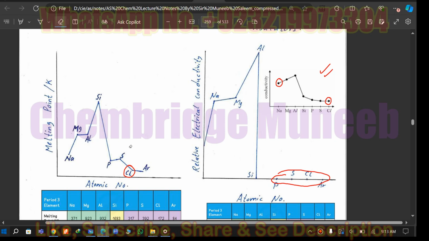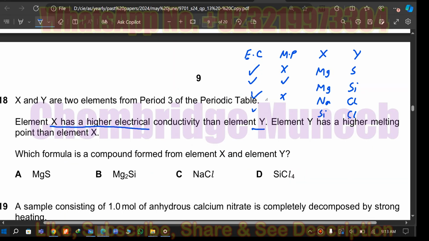in terms of the electrical conductivity, the silicon has quite a higher value than chlorine, just slightly higher. Electrical conductivity of silicon is quite larger than chlorine, so yes, it is correct.